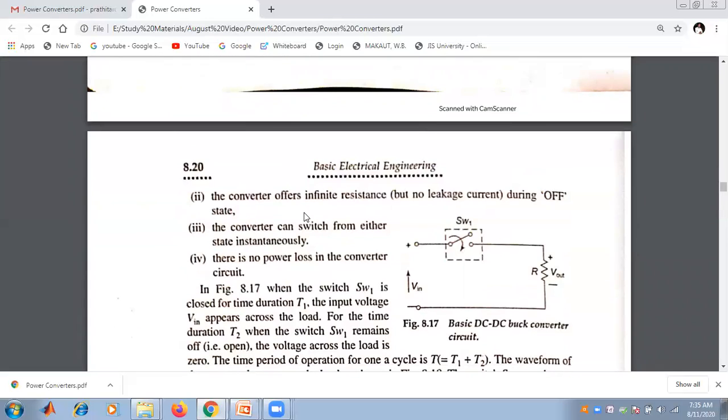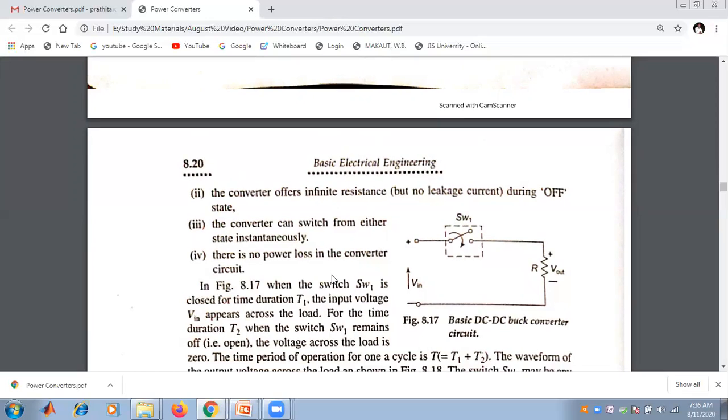The converter offers infinite resistance but no leakage current during the off state. The converter can switch from either state instantaneously. There is no power loss in the converter circuit.